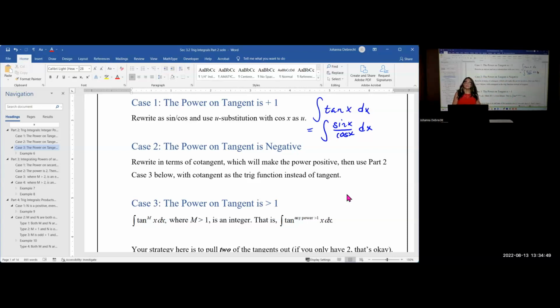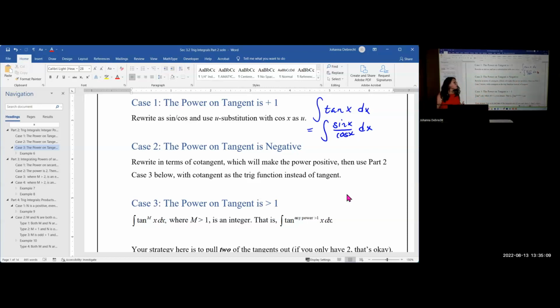And then you have 1 over u with a negative du, and that gives you the natural log of the absolute value. So yes, you can go ahead and integrate this one directly. So tangent to the first power of x, we can already do coming out of Calculus 1. It's just a U substitution, 1 over u du.